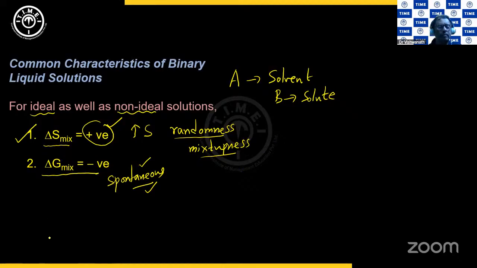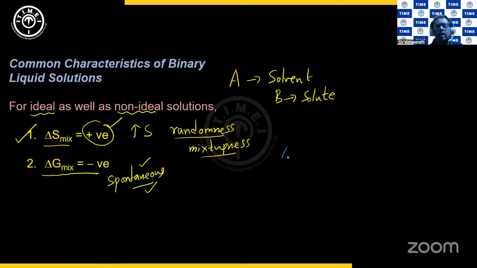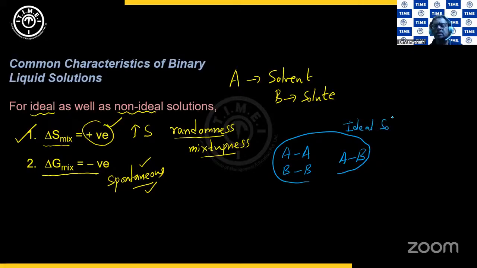We happened to mention that in an ideal solution, A forces and B forces are similar to AB forces. So there is a uniformity of forces. An ideal gas has no intermolecular force, but an ideal solution has a uniformity of intermolecular forces, whether A interacts with A, B with B, or A with B, it is similar.